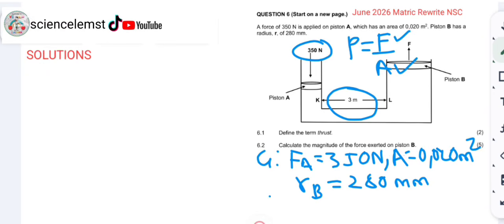So what is unknown? What is unknown is force of B. But also on that note, area of B is also unknown, but I am able to calculate it because I am given the radius.